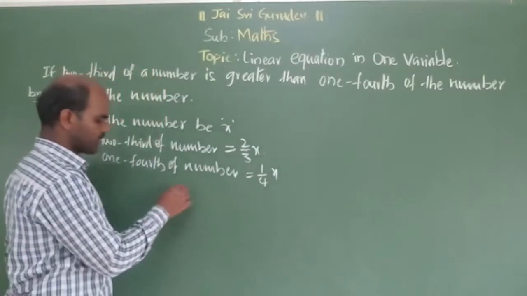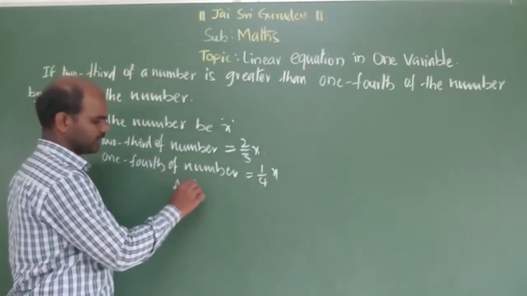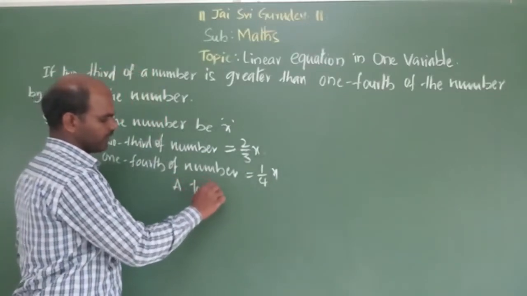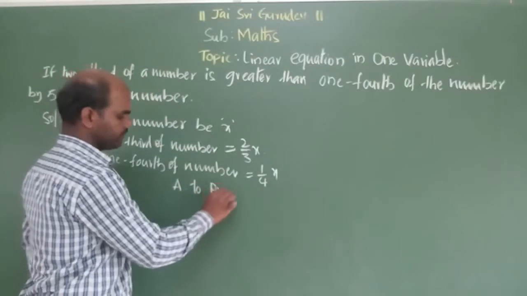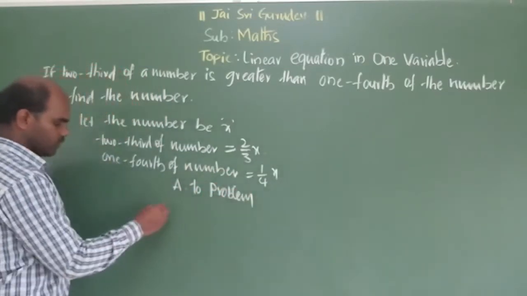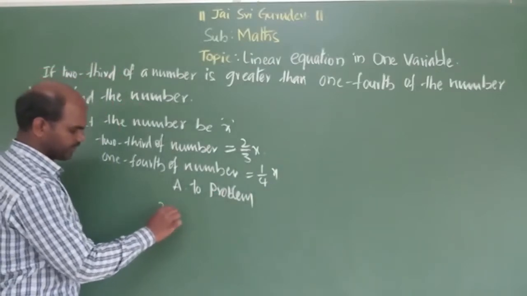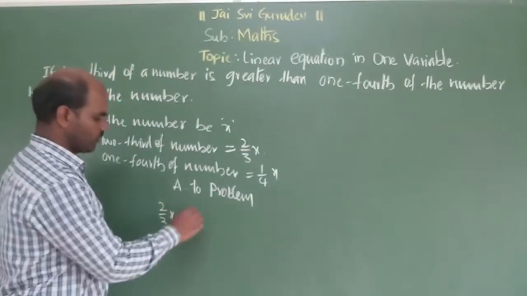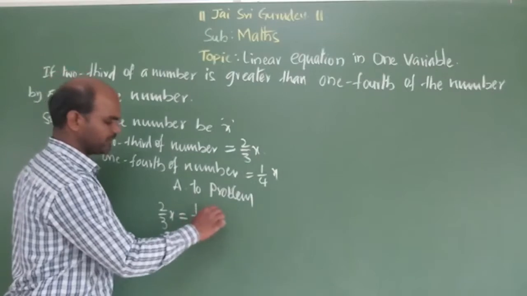According to the problem, what is the condition, children? 2 by 3x is equal to 1/4x plus 5.